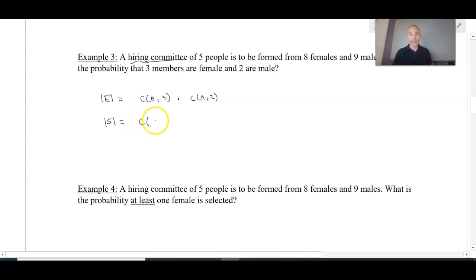Well, that just means that from 17, if we select any 5, there will be 17 combination 5 different ways that you could just form groups of 5 people from a total of 17, regardless of sex. And then the probability of E will be 8 combination 3 times 9 combination 2 divided by 17 combination 5.